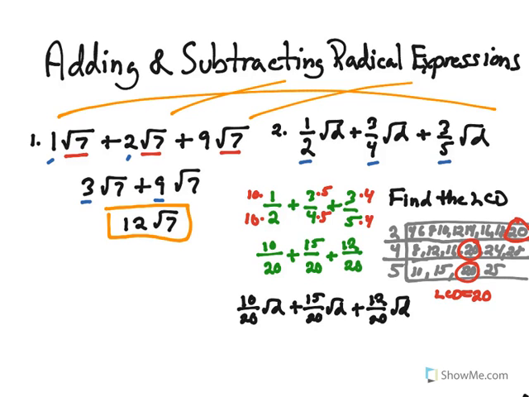Now we want to add all of the coefficients. The denominator is the same, so when we add 10 plus 15 plus 12, we get 37 over 20 square root of d, and that's the answer. So this problem was basically, can you add fractions with different denominators? Okay, so let's do another example on the next slide.